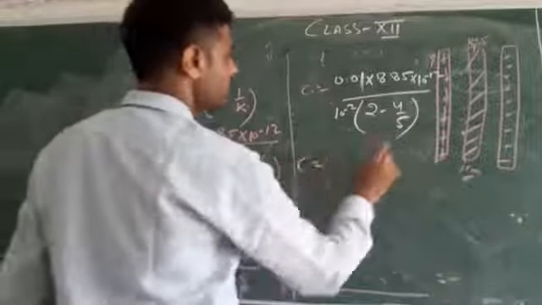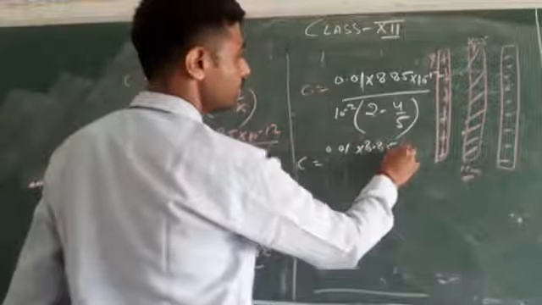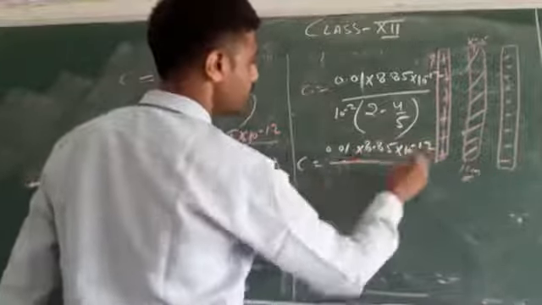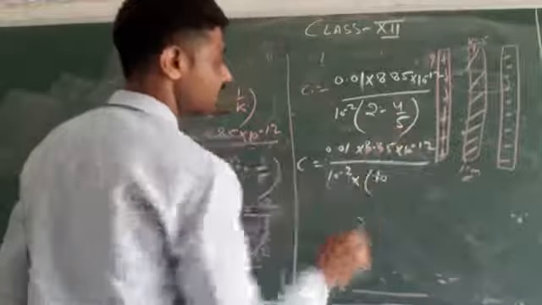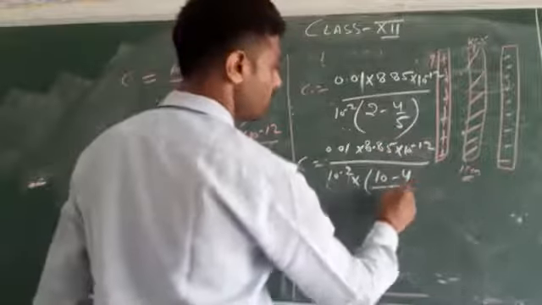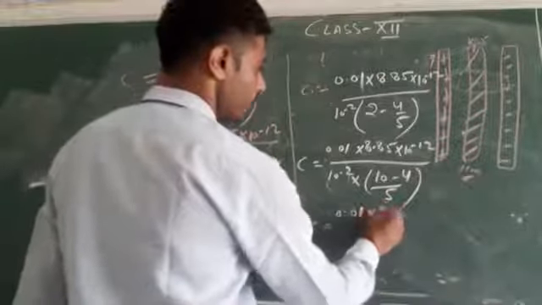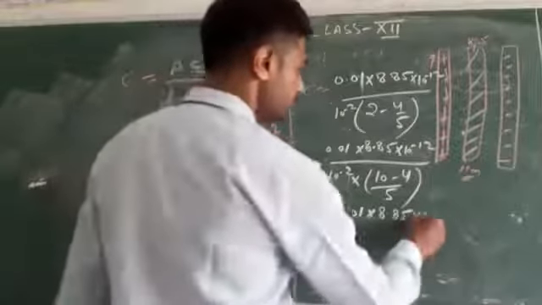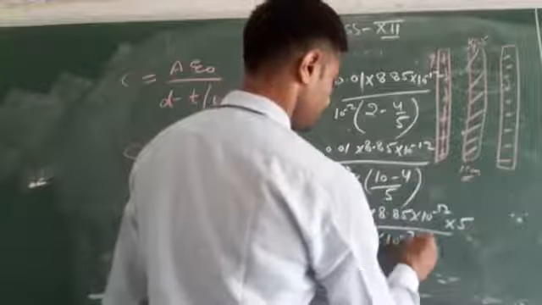That is 10 minus 4 upon 5, which is 6 upon 5, so C is equal to 0.01 into 8.85 into 10 to the power minus 12 upon 6 upon 5 into 10 to the power minus 2.